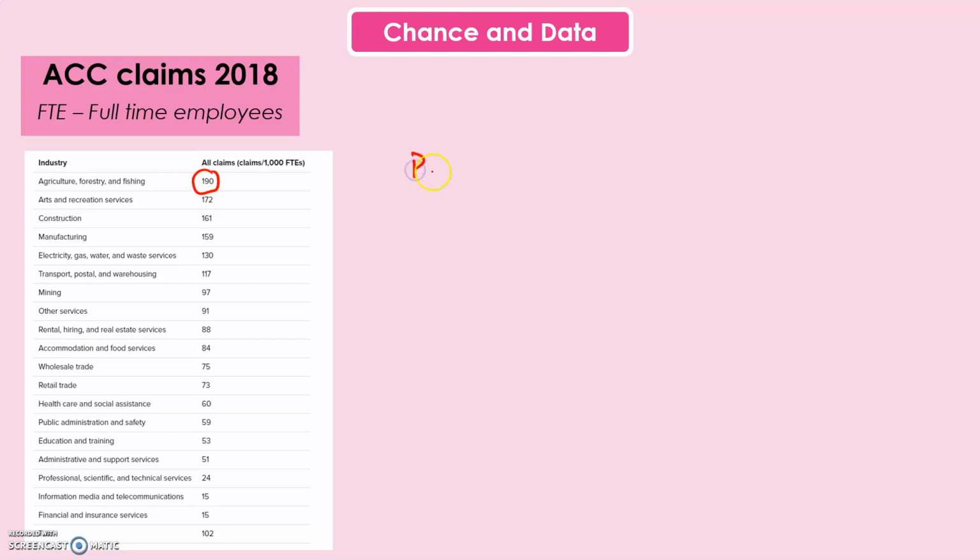So the probability of agriculture, fishing, and forestry is equal to 190 out of 1,000, which is equal to 0.19. We can compare that to something like mining.